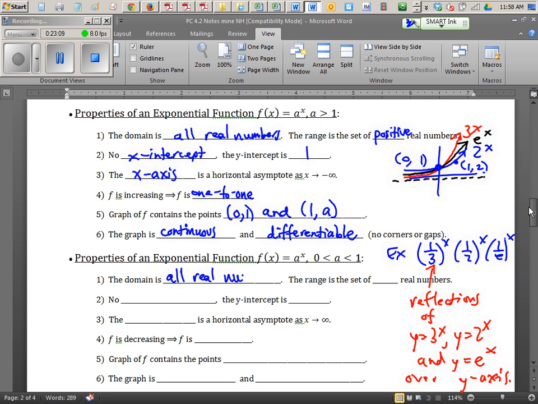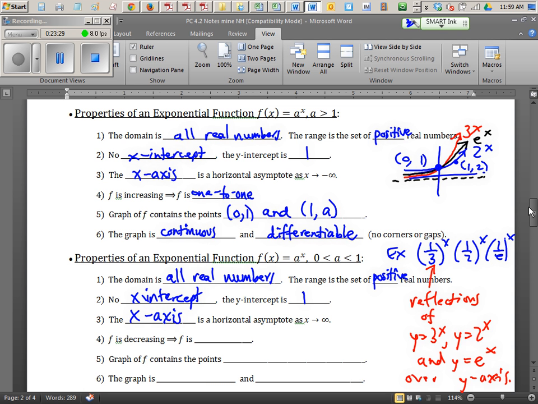Still. The range is still all positive real numbers. That hasn't changed. There's still no x-intercept. The y-intercept is still 1. Just because you flip it backwards doesn't change the y-intercept. The x-axis is still a horizontal asymptote.